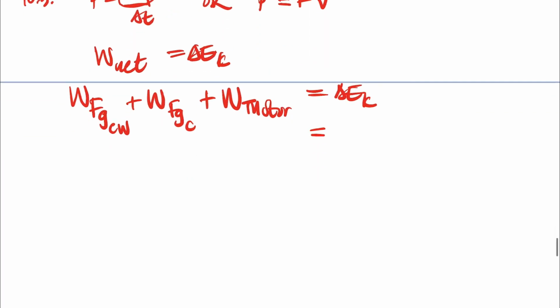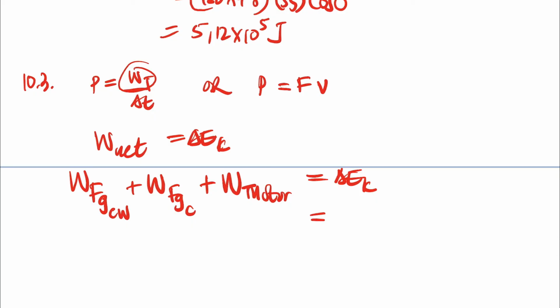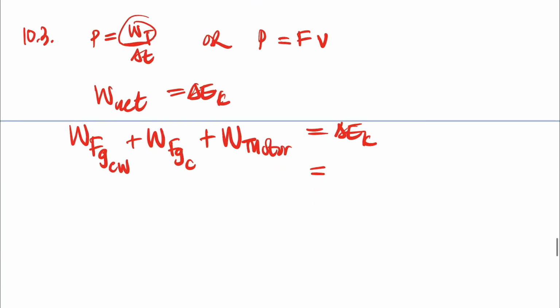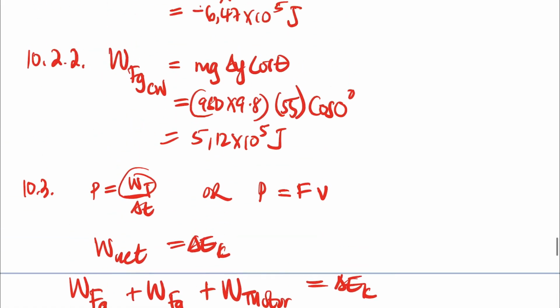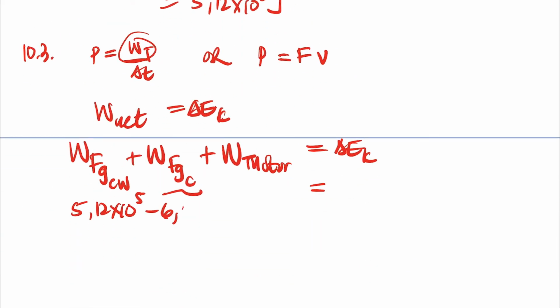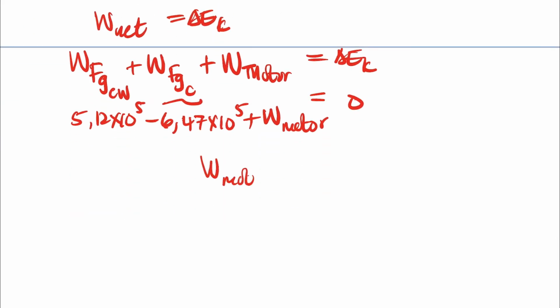The change in kinetic energy is 0, and then we substitute the work done by the counterweight, 5.12 times 10 to the power 5, and the work done by the cage, negative 6.47 times 10 to the power 5, plus the work done by the motor. When you do your math, the work done by the motor is going to be 134,750 joules.